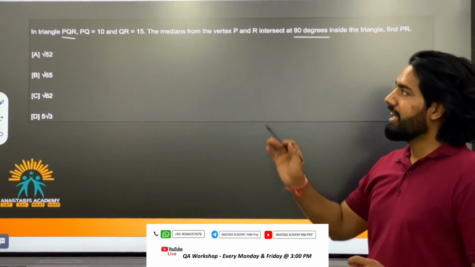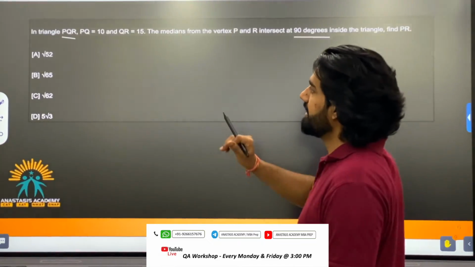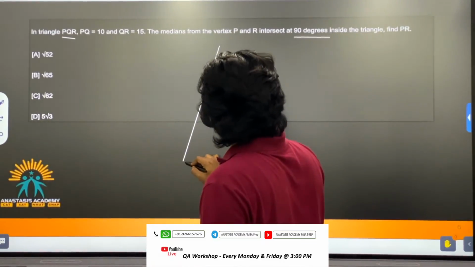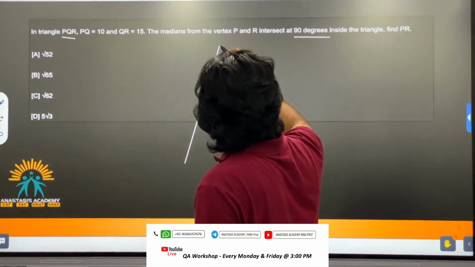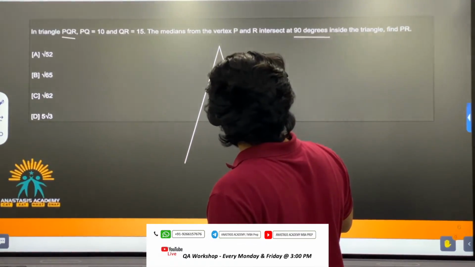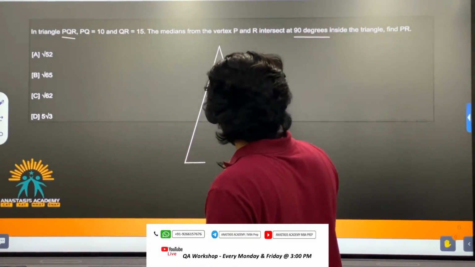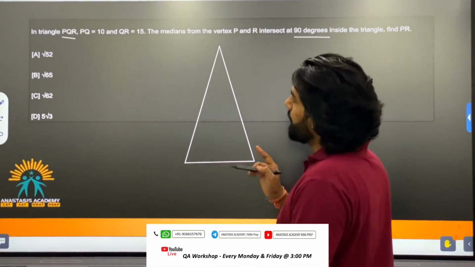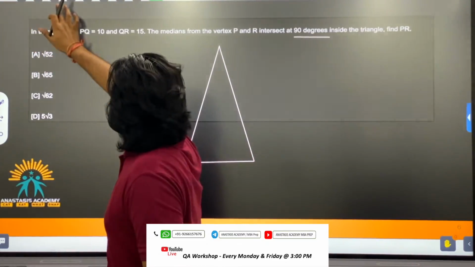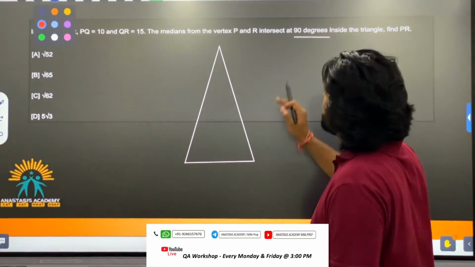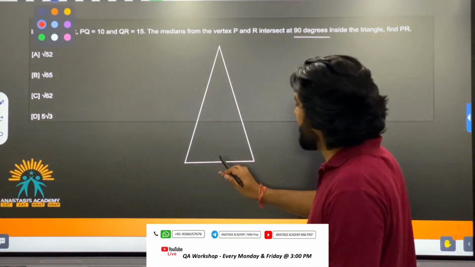So first of all, let's just draw the diagram, this triangle. So this is triangle PQR. Now draw the medians from two vertices P and R which intersect at 90 degrees inside the triangle.